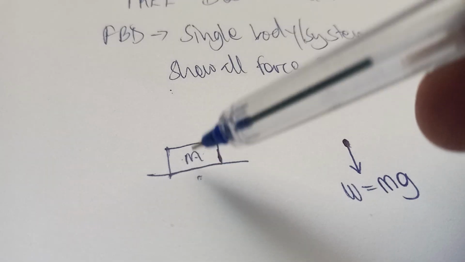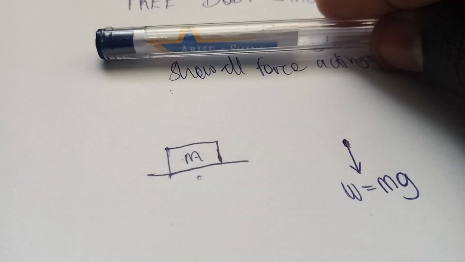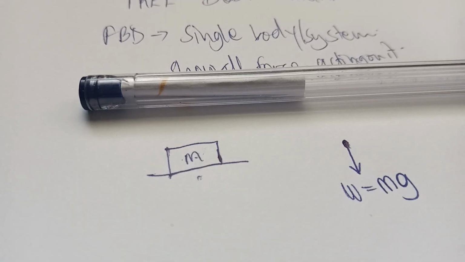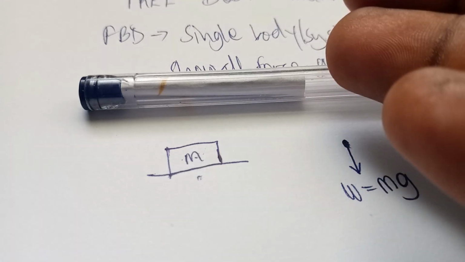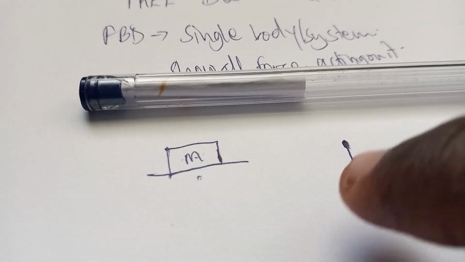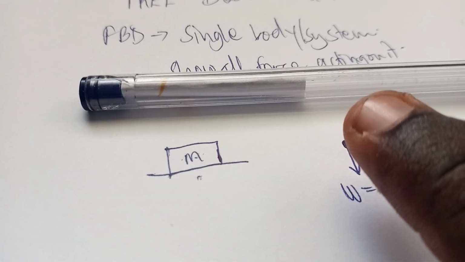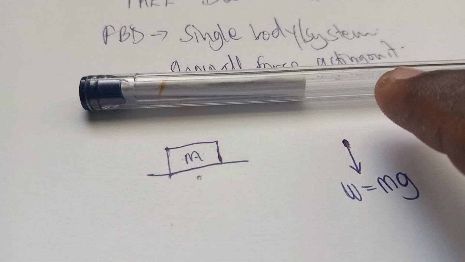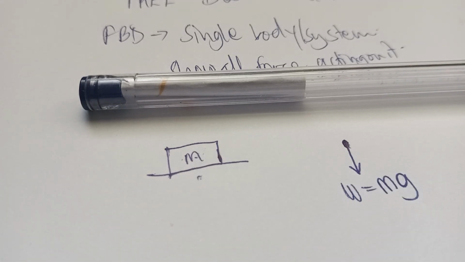But remember, if I place this pen here, its weight will force it to go down, but it is not going down. It's just at rest there. Why is it not falling? Because this table or this paper is exerting the same upward force on this pen, which counterbalances and cancels it, making it be at rest. There is no net force acting on the system, because if there were a net force, the system could be in motion, could be accelerating.